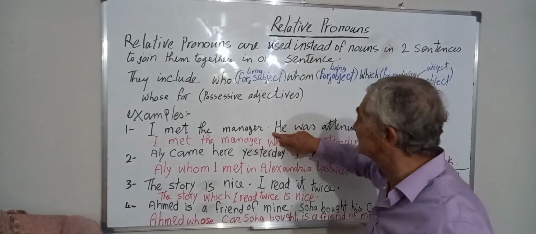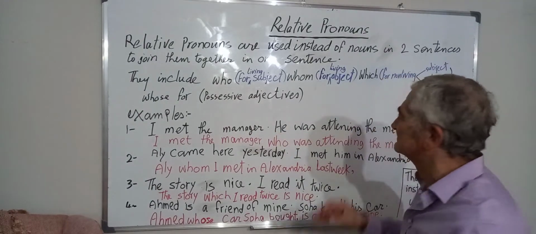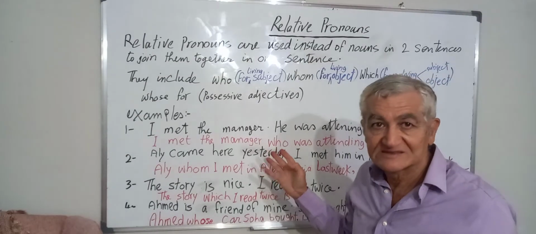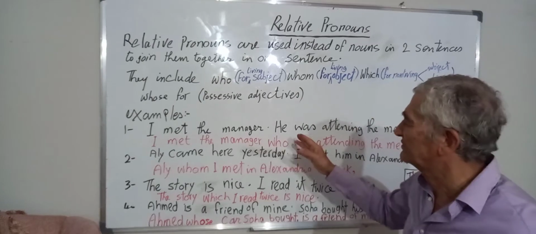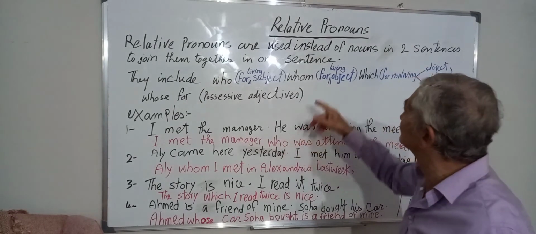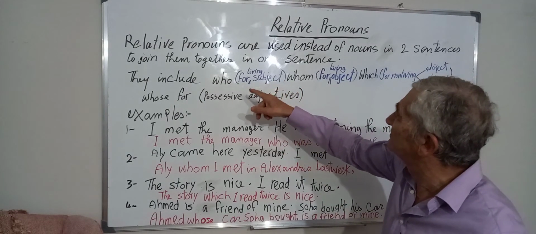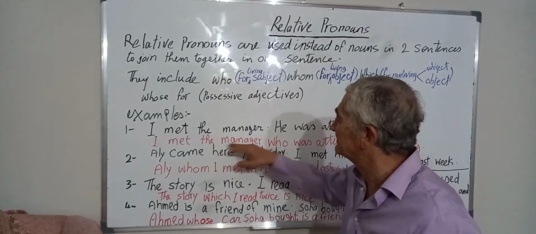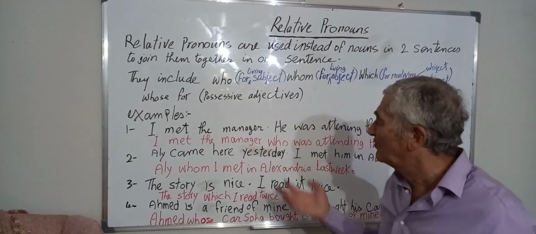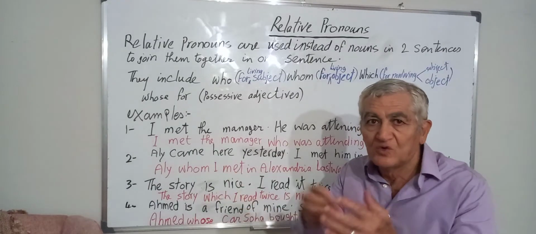What is the position of he in the second sentence? It's a subject pronoun or nominative pronoun. So I use who. Okay? I met the manager who. Where do we put who?